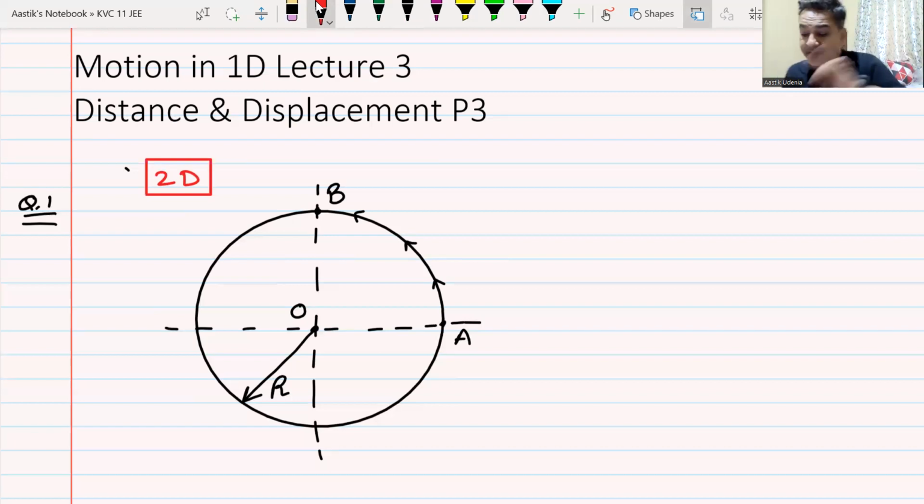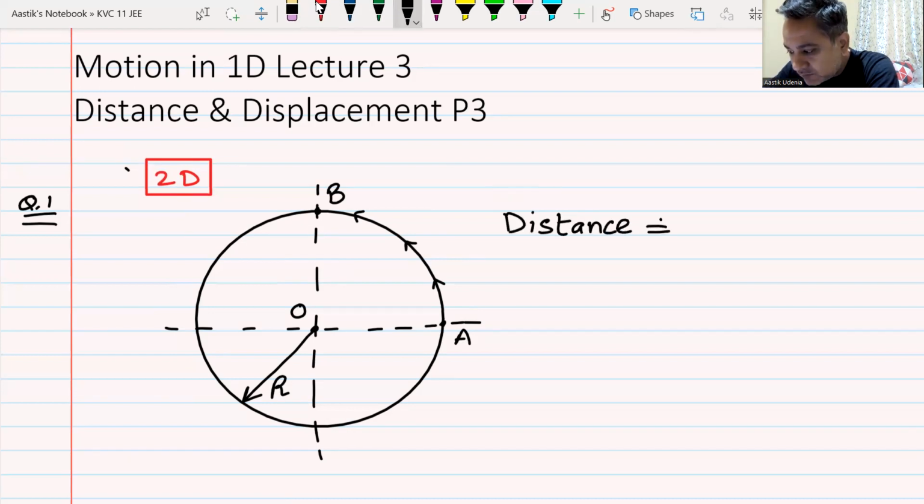Now the question is, the particle or the man has moved from point A to point B. What is the distance traveled by the man? Can anyone tell me the answer for this?